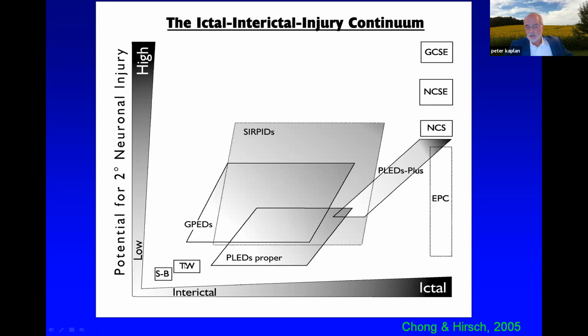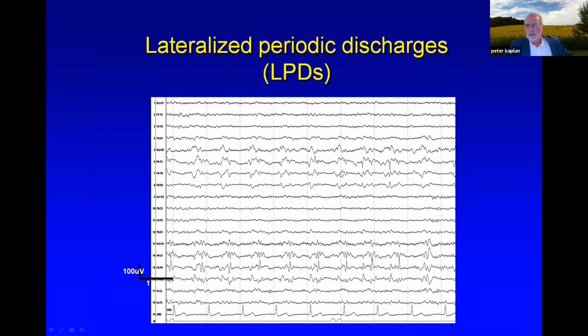So here are the triphasic waves, which acutely don't connote or confer neuronal damage, and triphasics may be an epiphenomenon of already damaged brain that's predisposed to it. PLEDs, GPDs, BIPLEDs, and then you have non-convulsive status epilepticus, and generalized convulsive. So that's an excellent schematic to think about. This, first 4 on the left, next 4 on the right. You can see the periodic discharge over the right hemisphere, frontally and temporally.